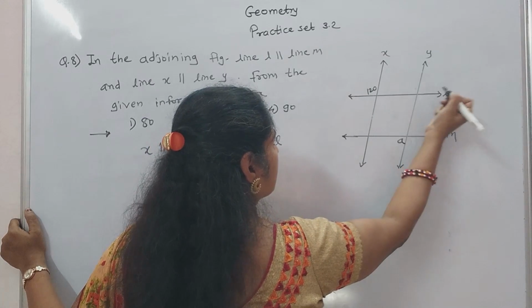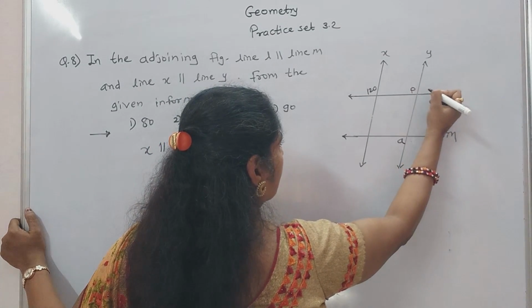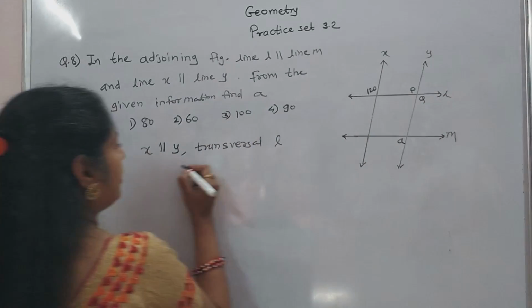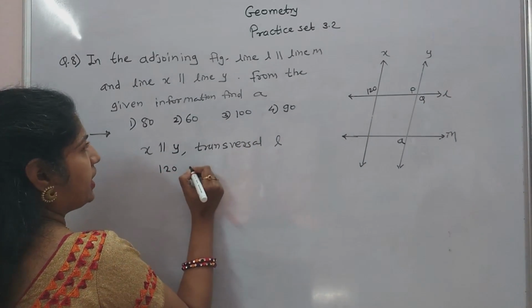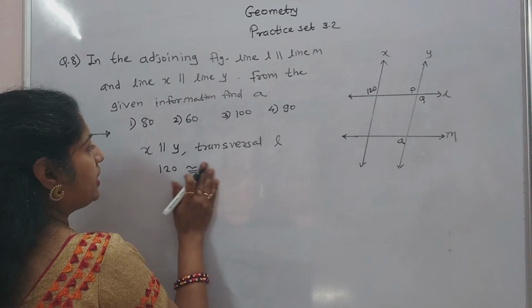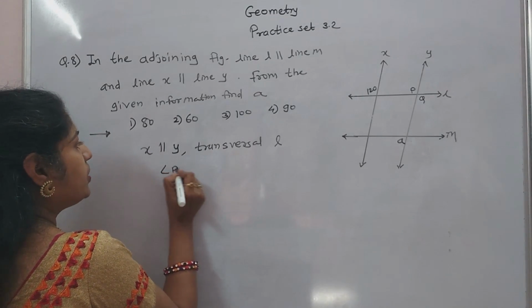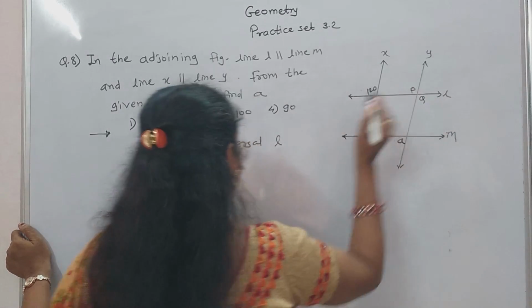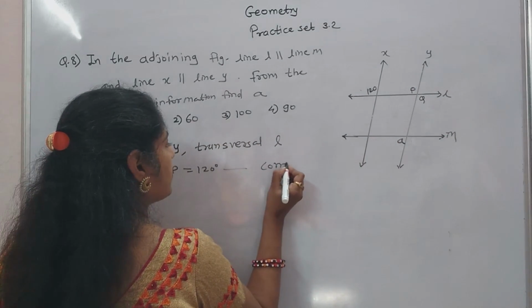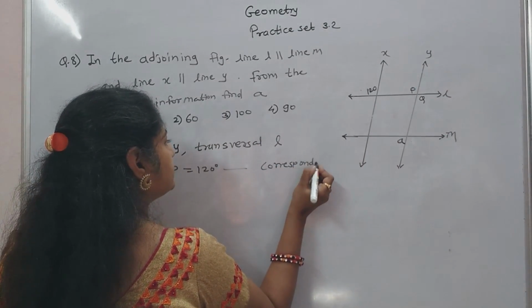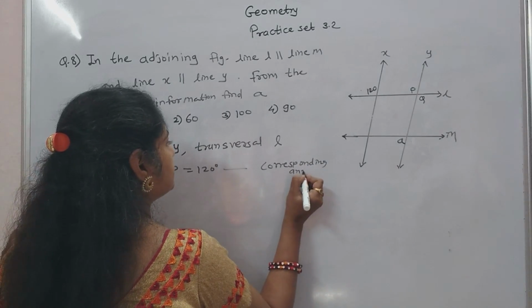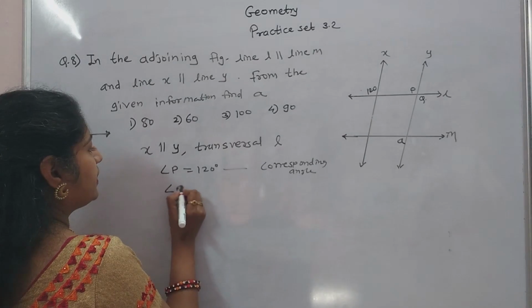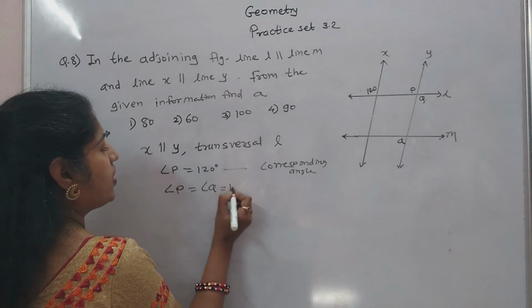I take here P, Q. Angle 120, congruent angle P equals 120. Reason is corresponding angle. Now P and Q are opposite angles, 120.